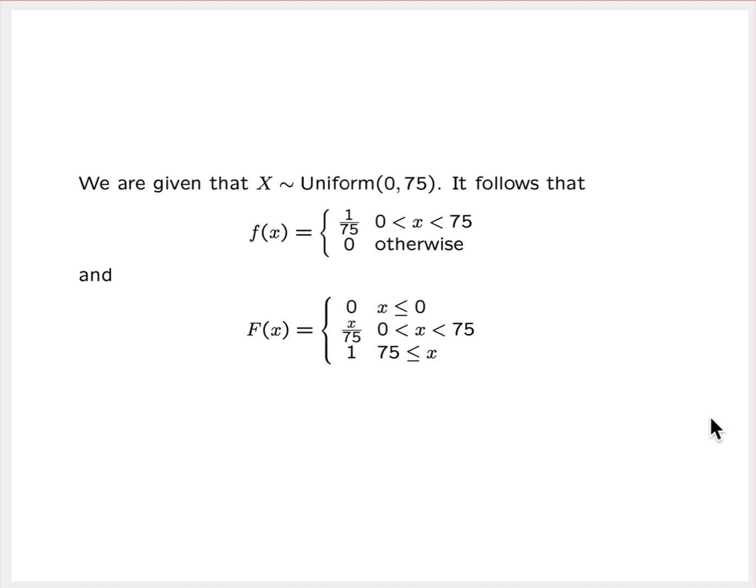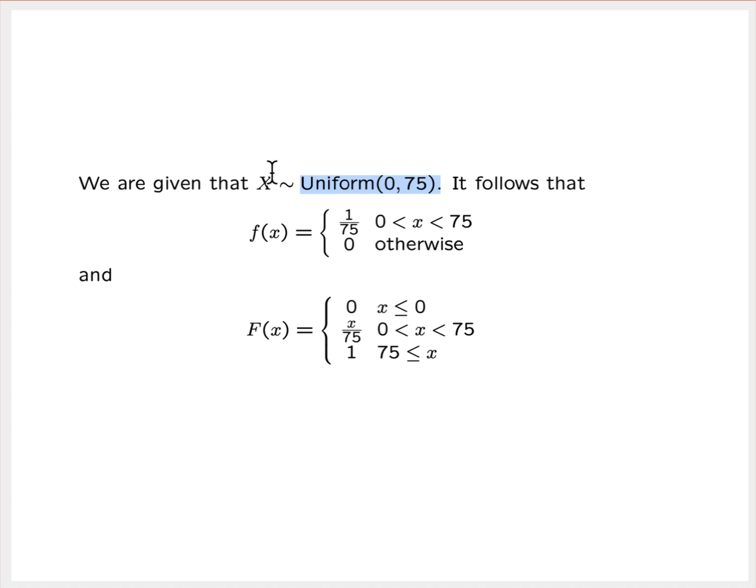So we're told that x, the random variable, which is the distance from city A when the car breaks down, has a uniform distribution on the interval from 0 to 75, and the units here would be miles.